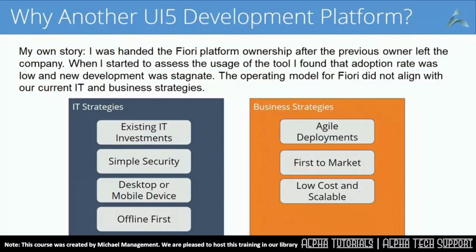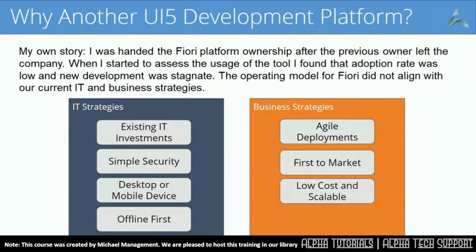So I've listed out what my company's strategies were, both from an IT standpoint and a business standpoint, and I'll talk a little about the boxes that it checked and the ones that it didn't. Obviously, you see desktop and mobile down there, and Fiori certainly checks that box. It can do both desktop as well as mobile apps.